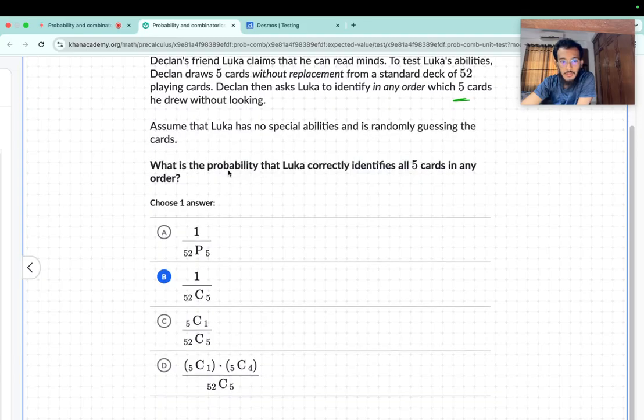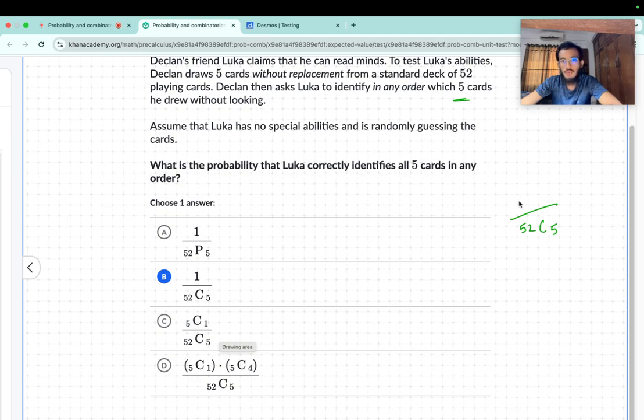Okay. So the total outcome is you choose five from this, so this denominator is okay for all of these options. Now, what is the favorable outcome?